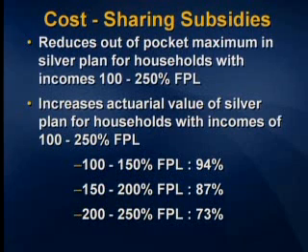If you're in the 100 to 150% federal poverty level, it increases the actuarial value from 70% to 94%. So you would see the benefit of that in terms of reduced deductibles and copays. There's a little less up at the top, but it only goes up to 250% of federal poverty level, and it's only when you buy the silver plan. You can't get this subsidy with other plans.